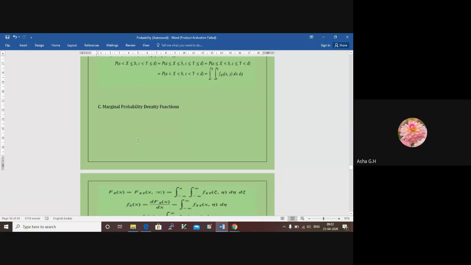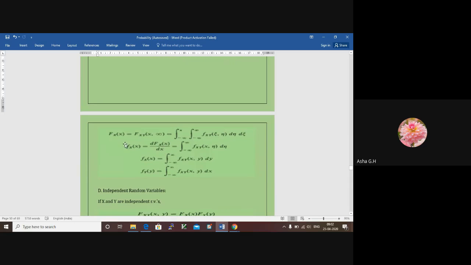Again, we discuss the marginal probability density function here and the conditional density function here. Marginal density function for x, marginal density function for y. So if I want to find out the marginal density function for x, what is that? Fx of x is equal to the integral from minus infinity to plus infinity of the joint function fxy of x comma y with respect to y.